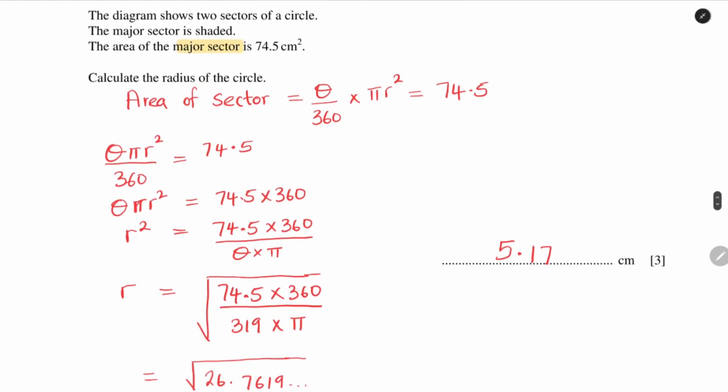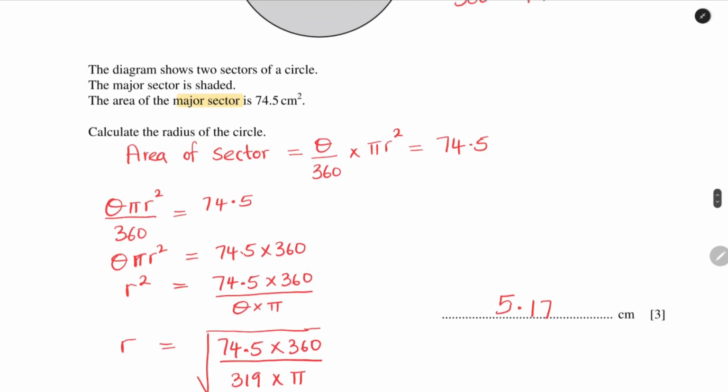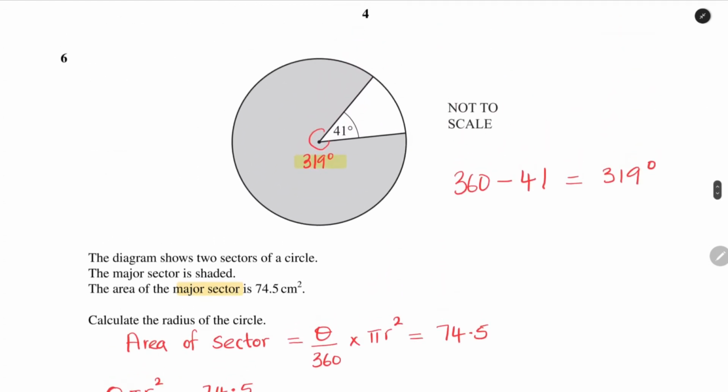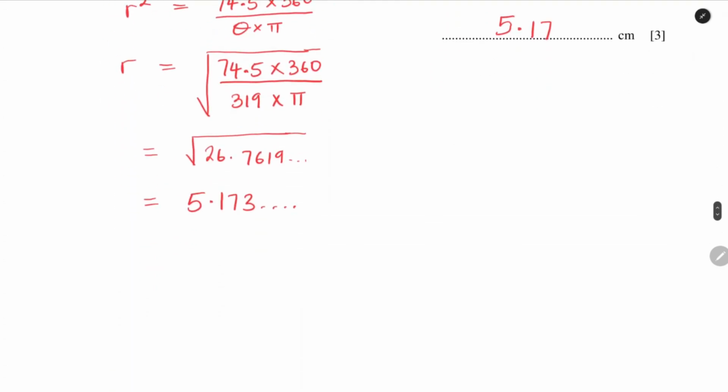And I decided to make r the subject of the formula to minimize error due to approximation. Because if you start approximating early, your answer might turn out wrong. So please note that it is better to make what you're looking for the subject of your formula, and then you can work it out.